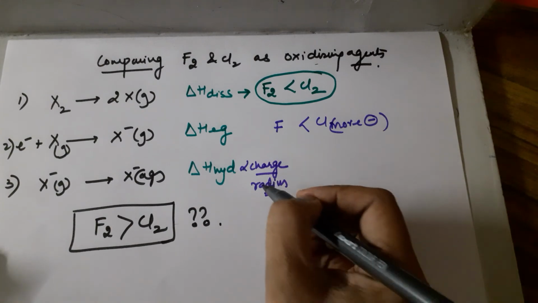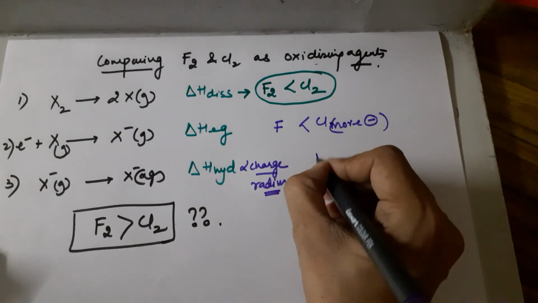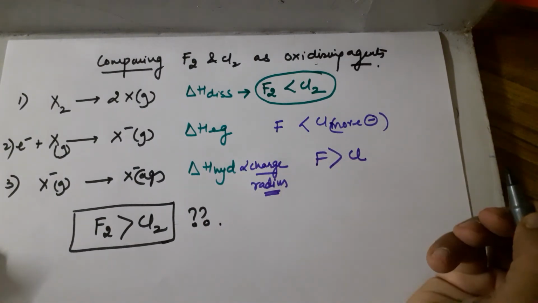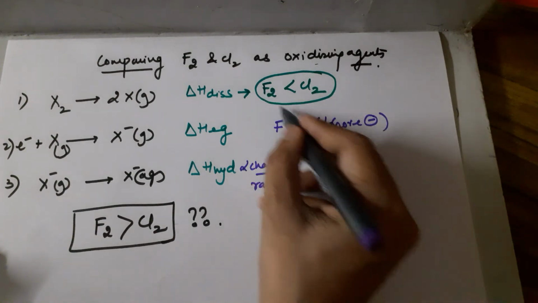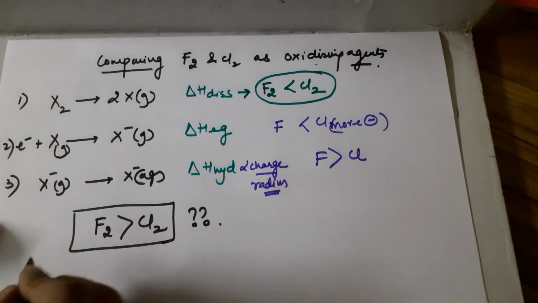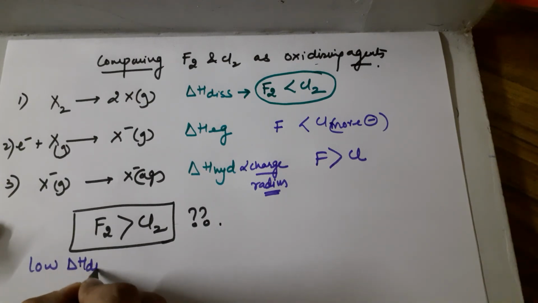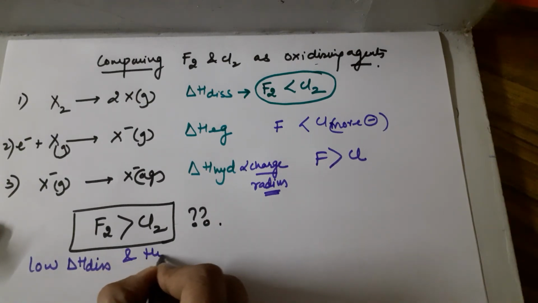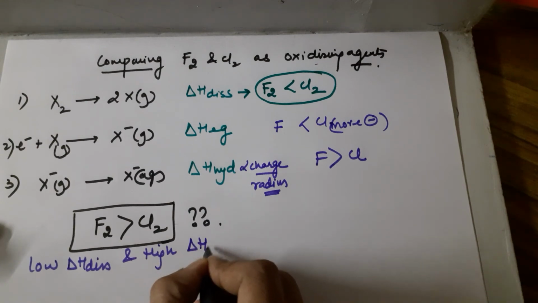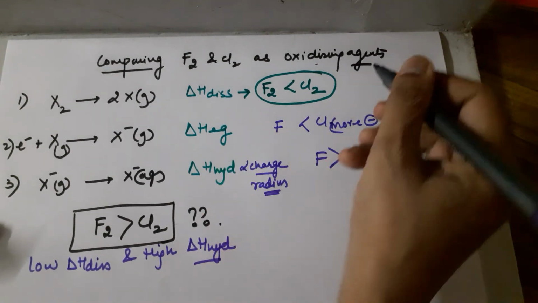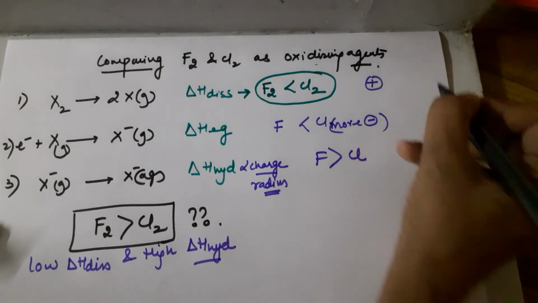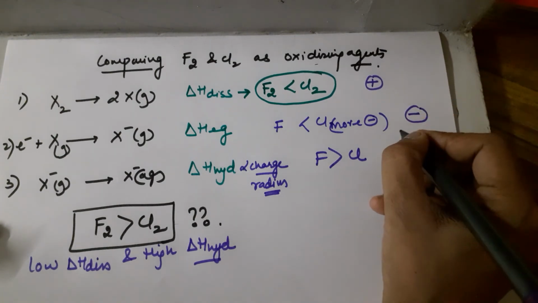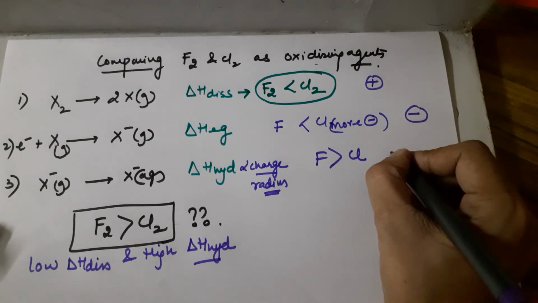So, since fluorine has a smaller radius, hydration will be more for fluorine than for chlorine. The net effect of all these three, it is found that there is a low delta H dissociation and a high delta H hydration. Now this energy is required, this is released, and this hydration is also released.